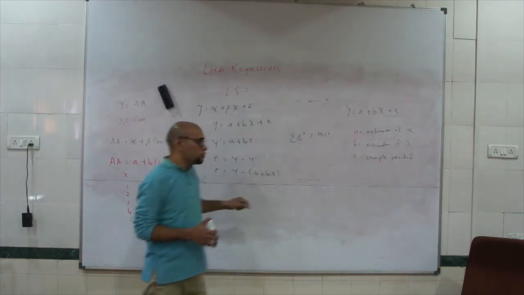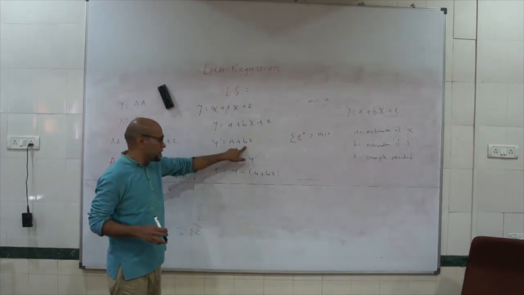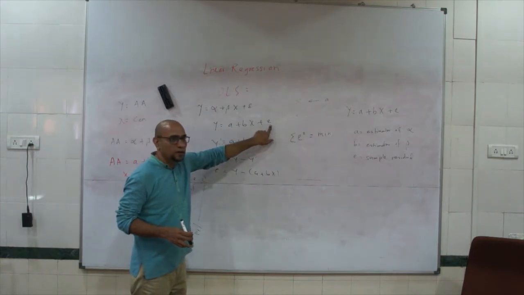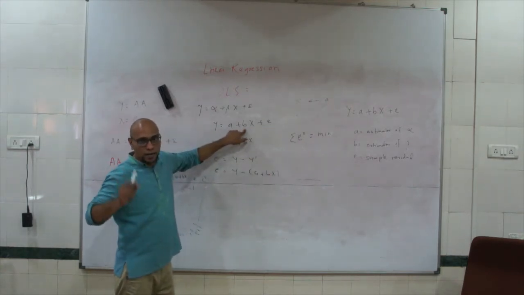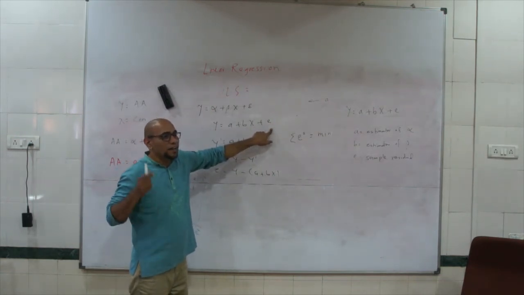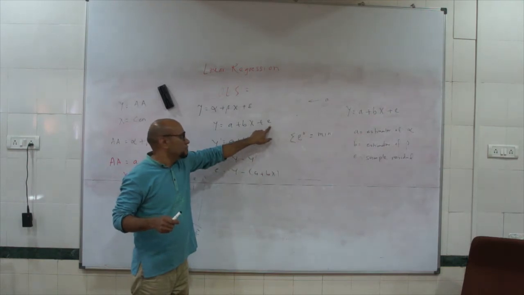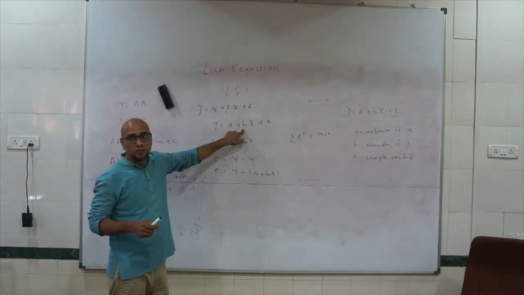So B is obtained in such a way that summation E square remains smallest for that particular B. For any other value of B, sigma E square cannot be smaller than the sigma E square that we get when B is estimated by OLS.